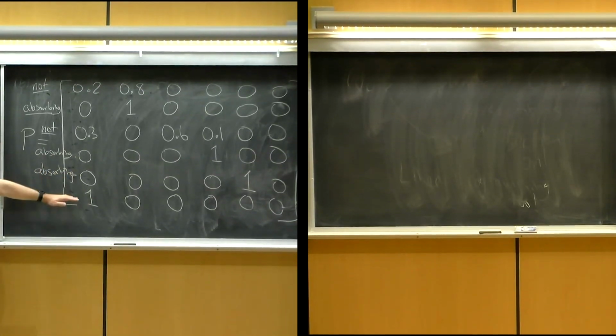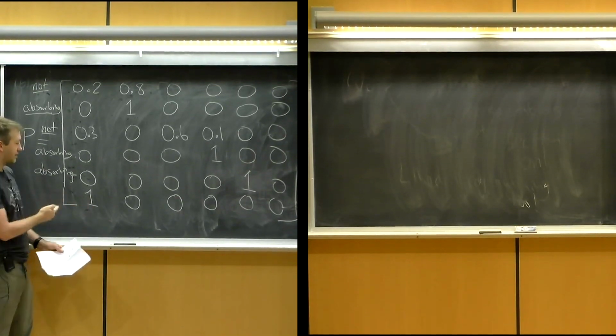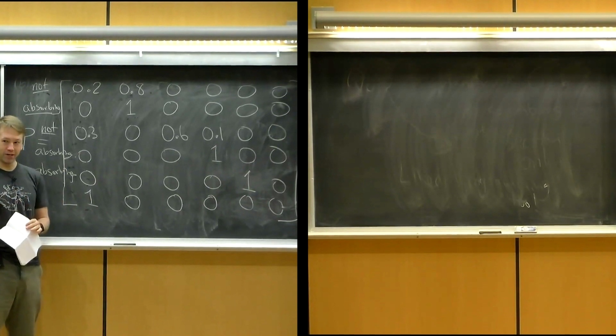What about this one? Thumbs up, thumbs down. Think about it for a while. It almost looks like it should be thumbs up, and I think I tricked a lot of you with this one. It's got a 1 in it, that's for sure. So basically, if you get into state 6, you've got a 100% chance of going somewhere, but it's not back to state 6.